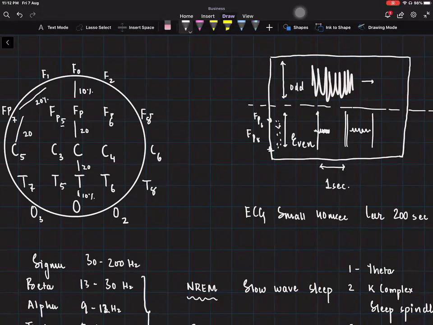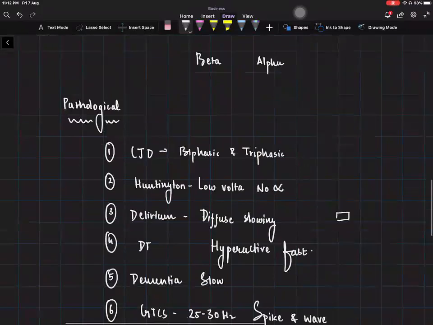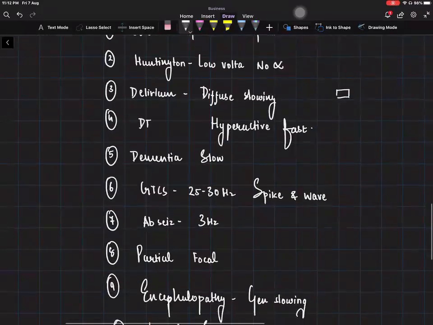No alpha waves, and they would be generalized fast waves or slow waves. Slow waves, low voltage. All right. Yes, sir. I think that's about the basic idea of the EEG.